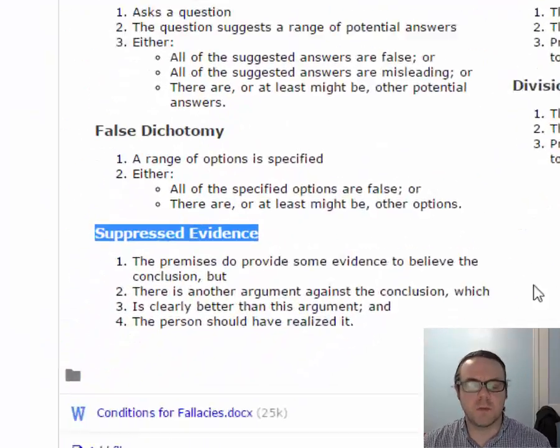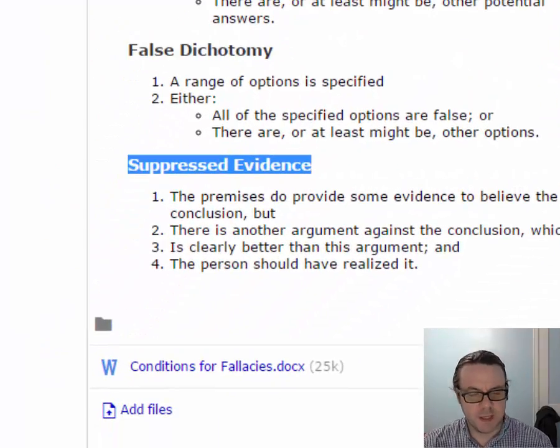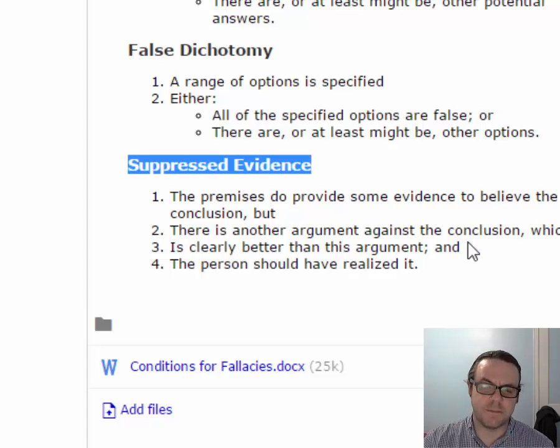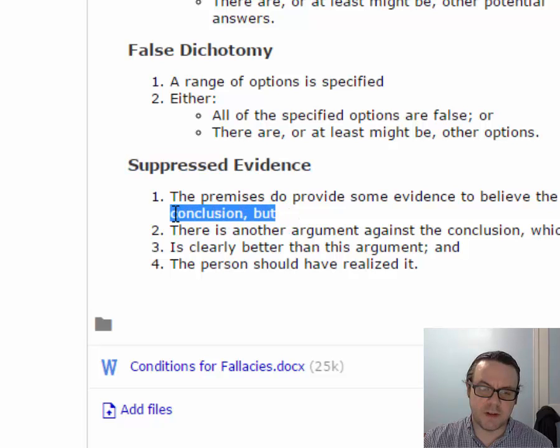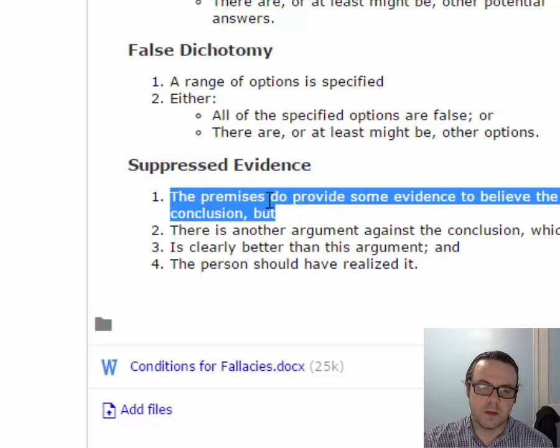Suppressed evidence is a kind of argument where a person either intentionally or carelessly leaves out information that's vital. It's a case where you actually have an argument that does provide evidence for a conclusion, but the person has, again, either intentionally or unintentionally left out evidence that would defeat that.